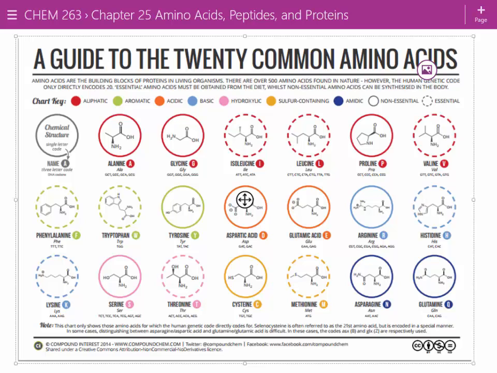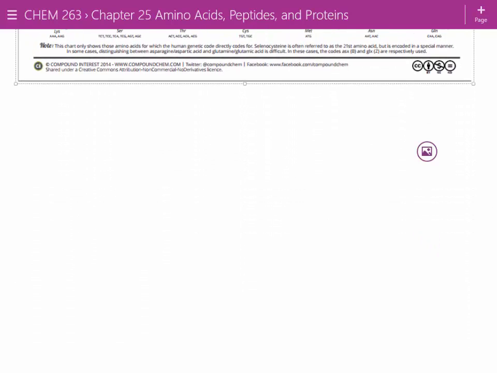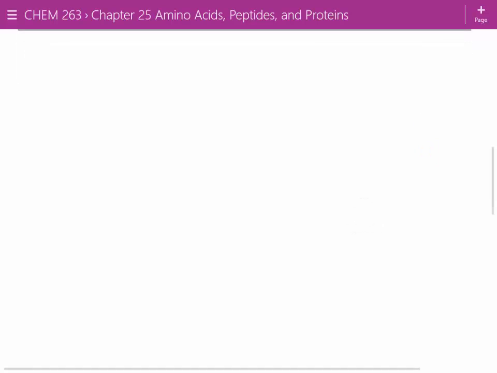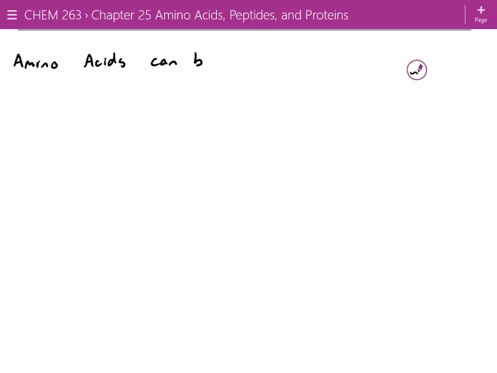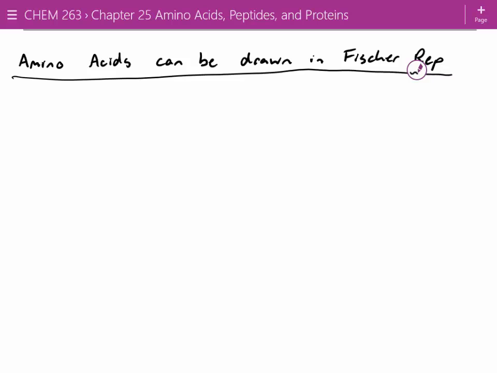All right, so let's draw some amino acids. Amino acids can be drawn with a Fischer projection. So just like with sugars, we can draw these out. I'm going to draw a couple of them.